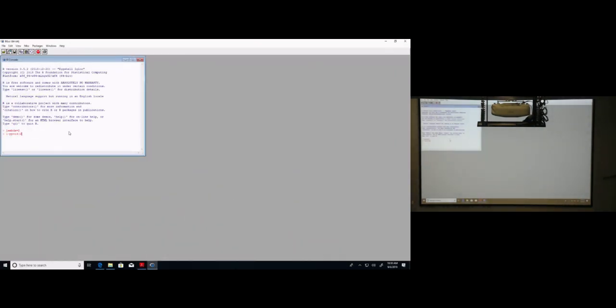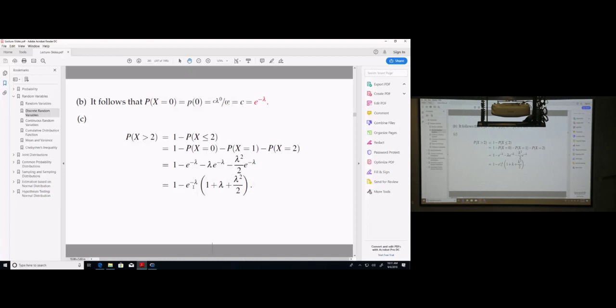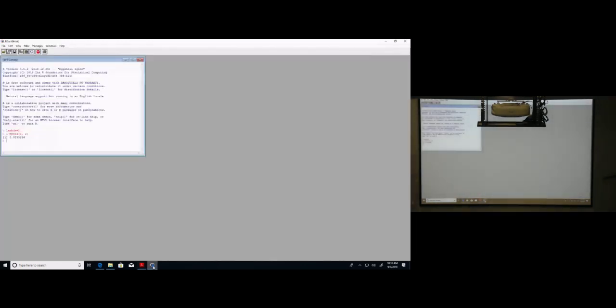So this is where your x is less than or equal to that number 2 here. And then I have to tell it that lambda is 2, so I can just key in 2 here. Okay, so you will get the answer right away. All right, so this is actually the same as this for lambda equal to 2. You can verify it. So this is fairly convenient.